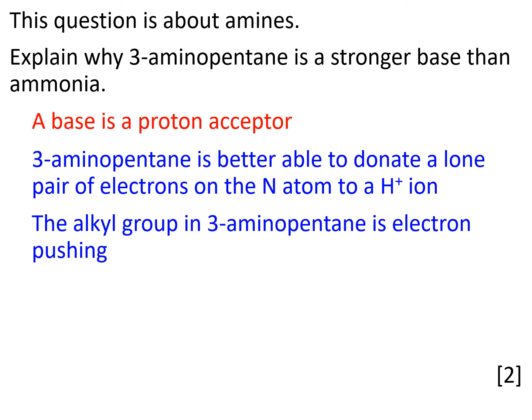We can discuss that, or we must state that the alkyl group in pentylamine is electron pushing. So just to represent that, I've got the two molecules here of ammonia and pentylamine, and those dots represent those lone pairs of electrons.